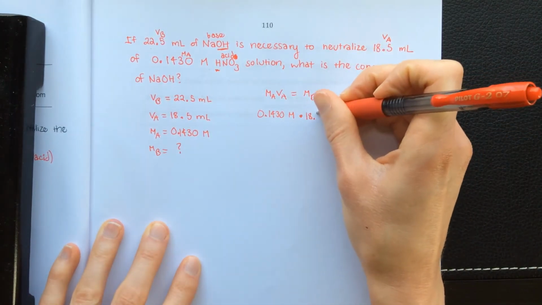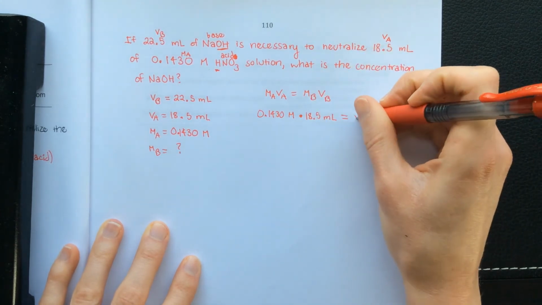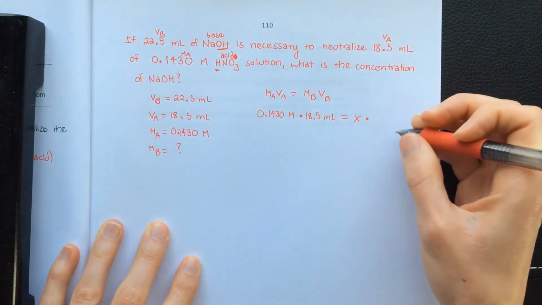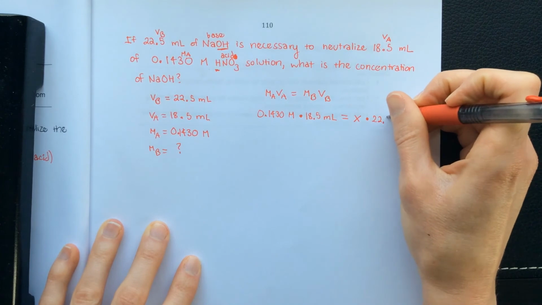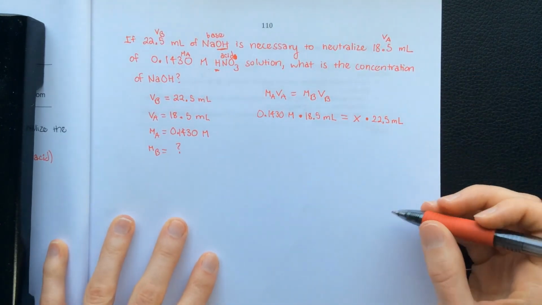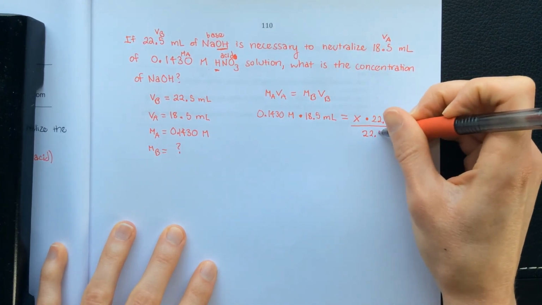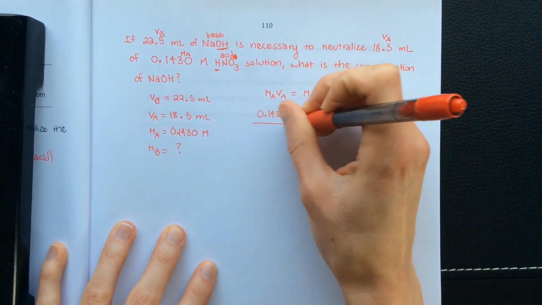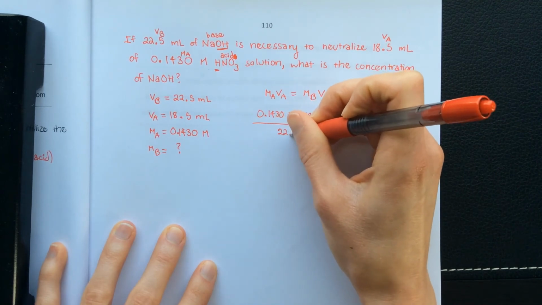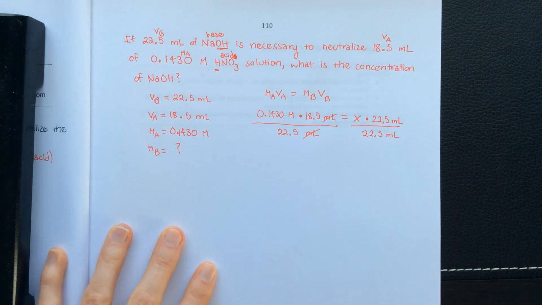Now I want to get X by itself, so I'm going to divide by 22.5 milliliters. Since I'm dividing, I can cross out those milliliter units.